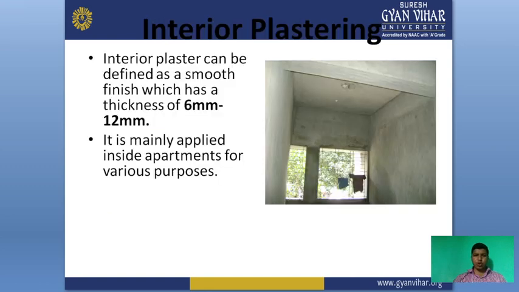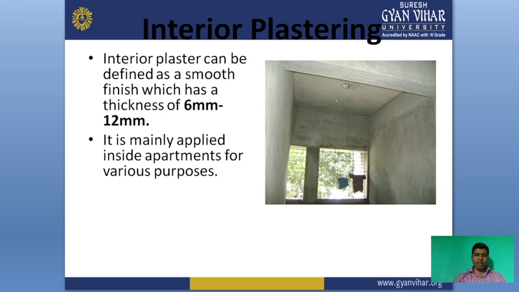This figure shows the interior plaster of a house. Interior plaster can be defined as a smooth finish which has a thickness of 6 mm to 12 mm.